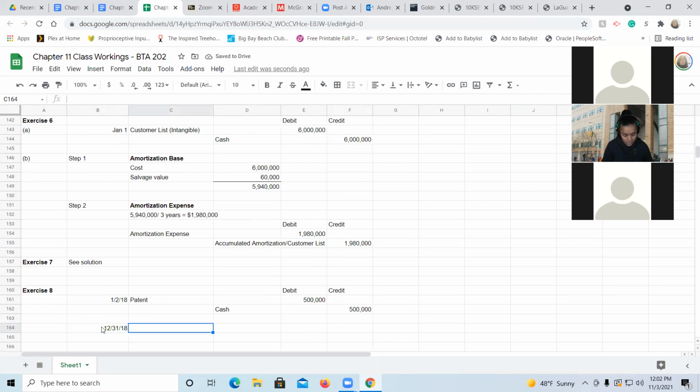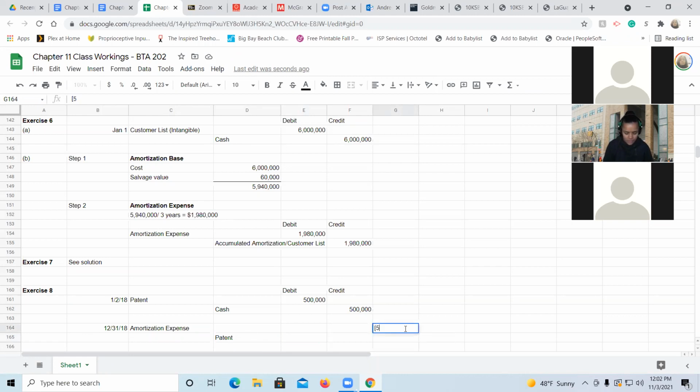So we're going to debit amortization expense. And in this case, I'm just going to credit the patent to show you another way of doing it, right? Before we were using accumulated amortization. And how is that going to work? This is very simple.